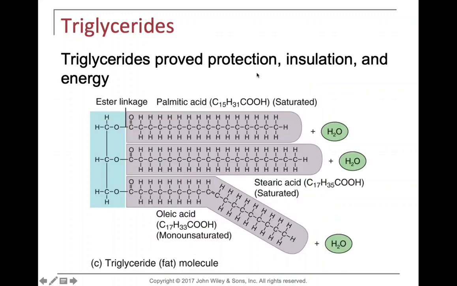Triglycerides provide protection, insulation, and energy. So here on the top, right, it's saturated fat, that's palmitic. Below it is stearic acid. It's just a longer carbon chain, but it's saturated. And then here's oleic at the bottom, which is unsaturated. And again, you see H2O at the end of each of these, dehydration synthesis. 3 fatty acids attached to a glycerol backbone is a triglyceride.